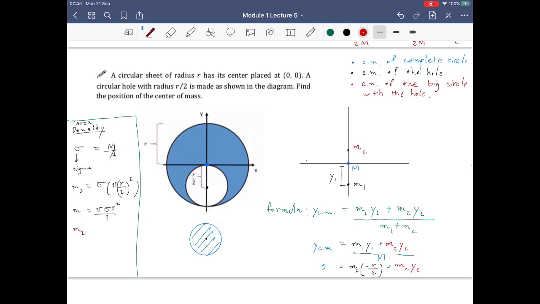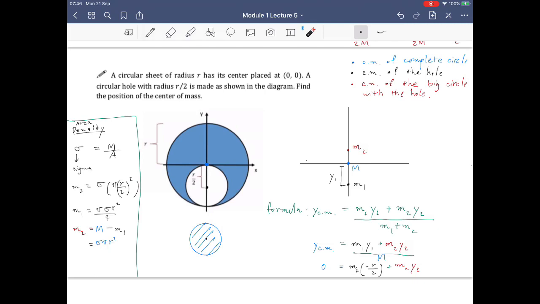Now what is m2? m2 must be equal to the total mass minus m1, right? So the total mass is equal to sigma multiplied by this whole area, which equals pi r square, because the radius of this big blue circle is r.